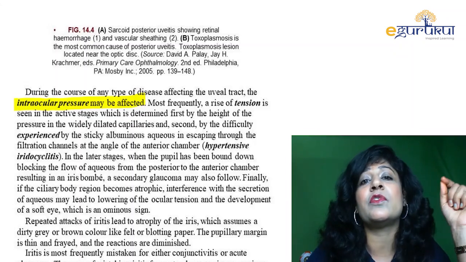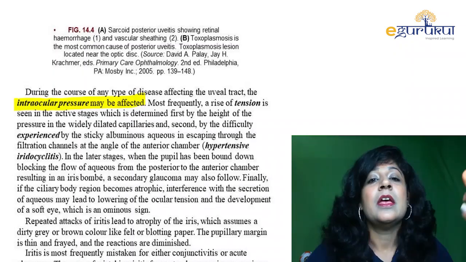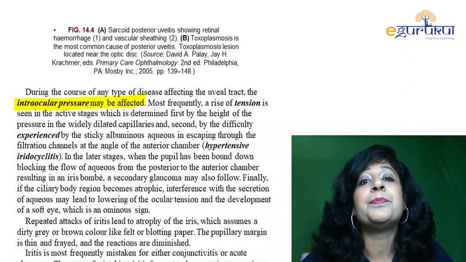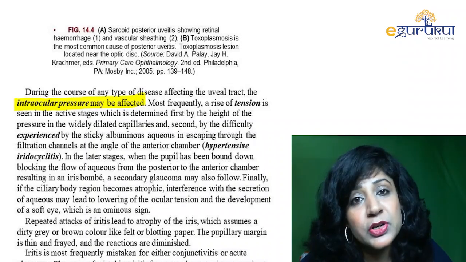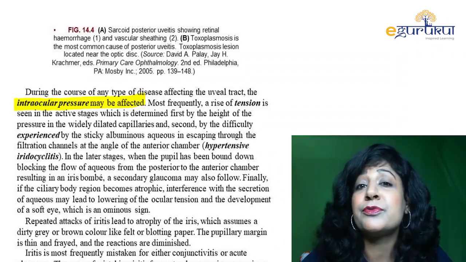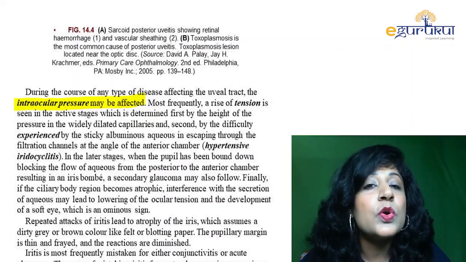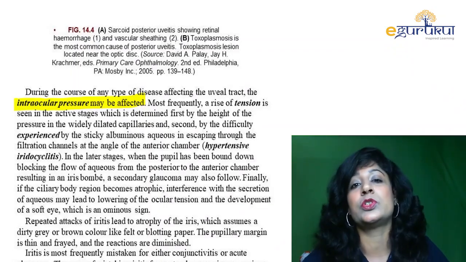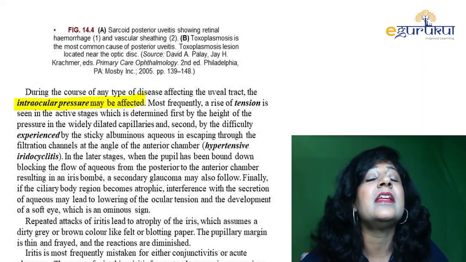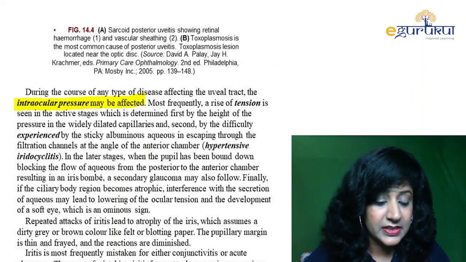So definitely you will have to monitor the IOP because there could be an acute inflammatory glaucoma also. We can have ring synechiae leading to glaucoma, and we can also have steroid-induced glaucoma. So definitely we are expecting a rise in intraocular pressure.